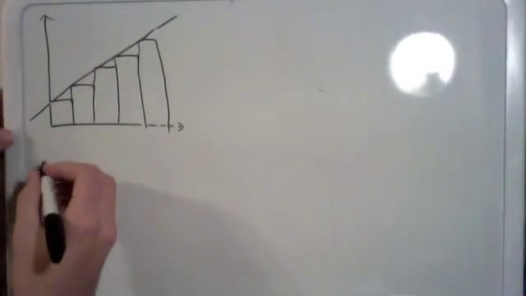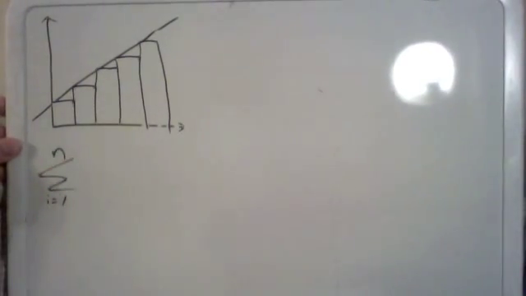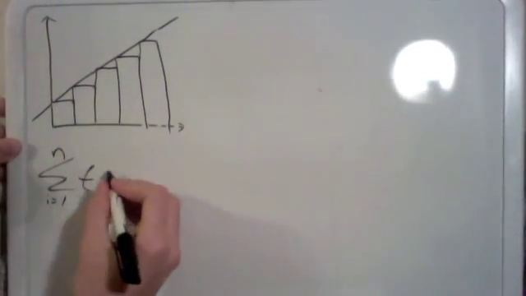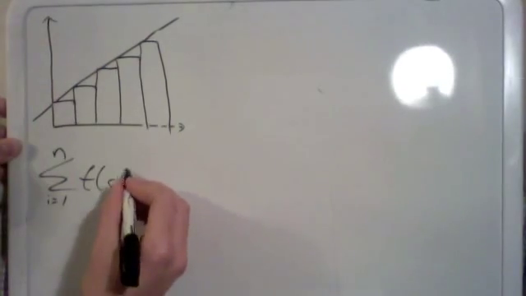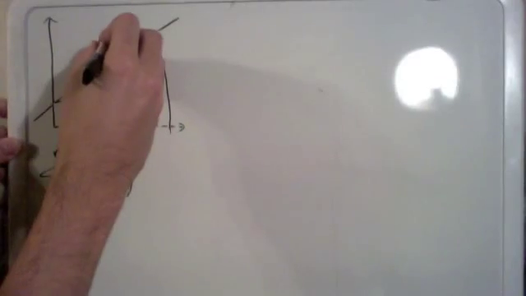The equation for a Riemann sum is given by the sum from i equals 1 to n of f of s_i, and let's say this function is f of x.